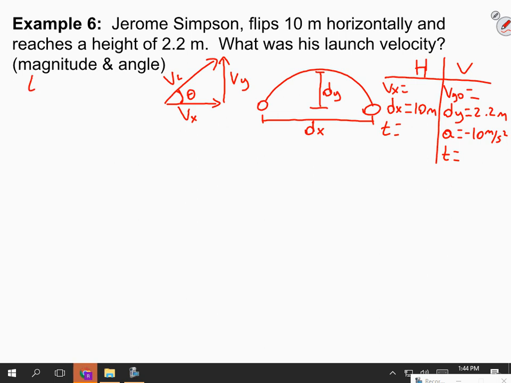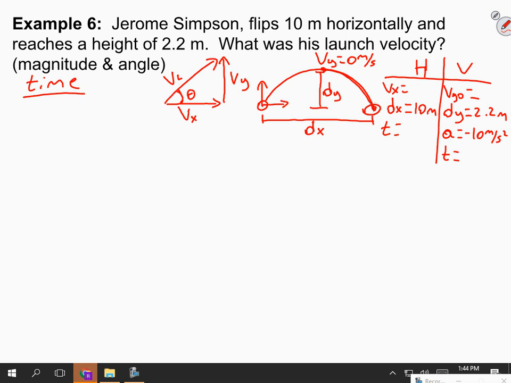So first, we're going to solve for time. And we're going to solve for the time it takes for him to get down, or from the very top to the bottom. Okay, and up here, we know that his velocity is 0 meters per second. And down here, we know that his vertical velocity will be whatever it was when he left the ground.